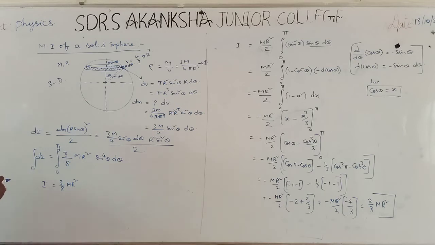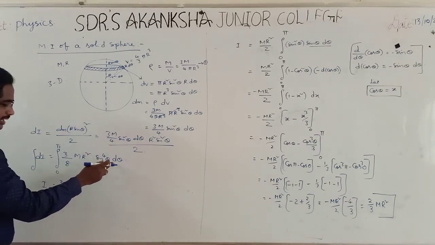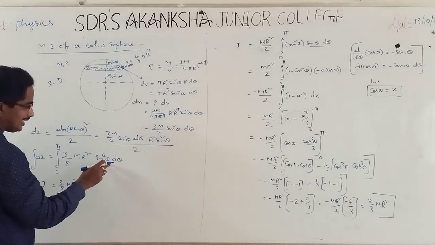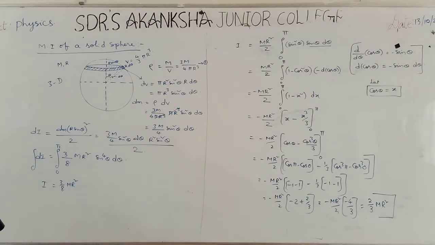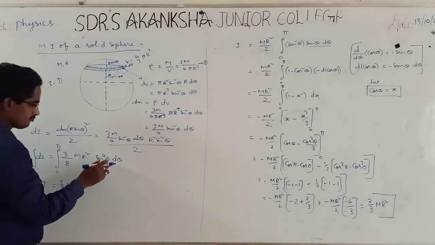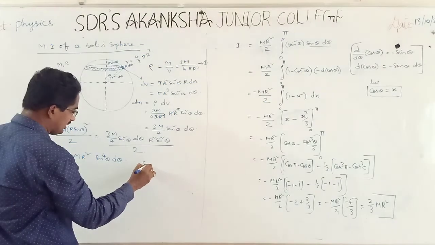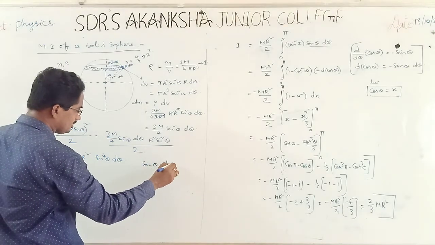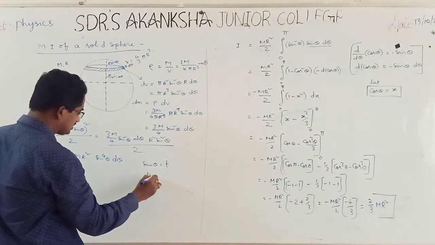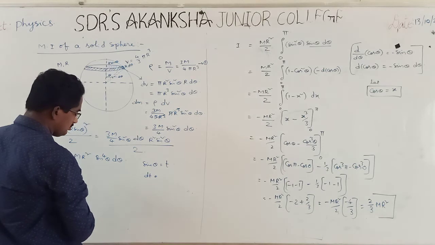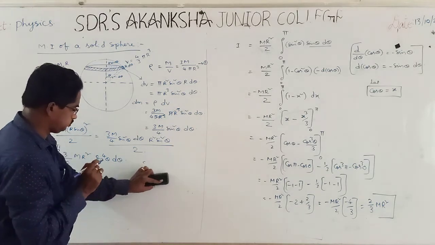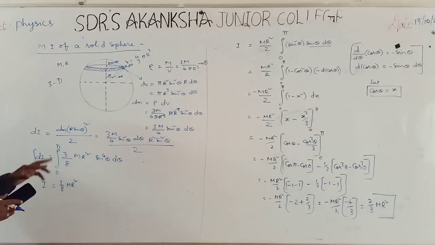How much are we getting? We can write sin power 4 theta d theta as sin square theta into sin square theta d theta, and substitute sin theta as t, then dt is cos theta d theta.